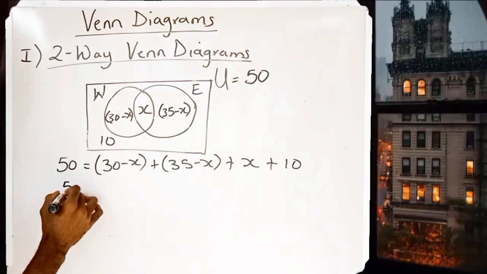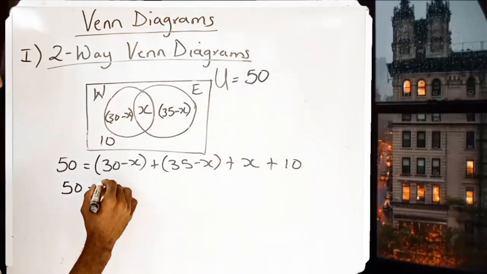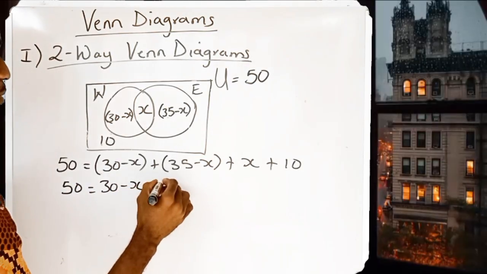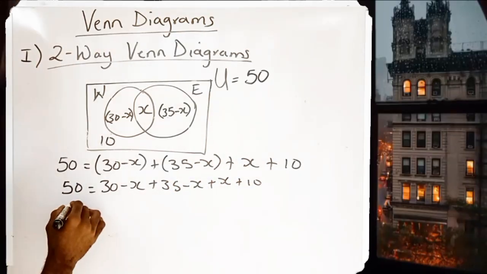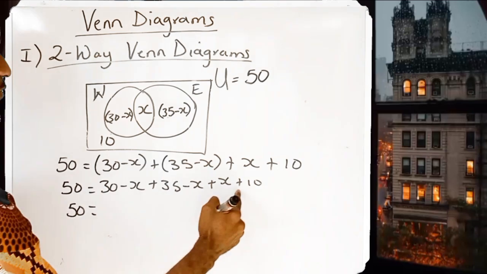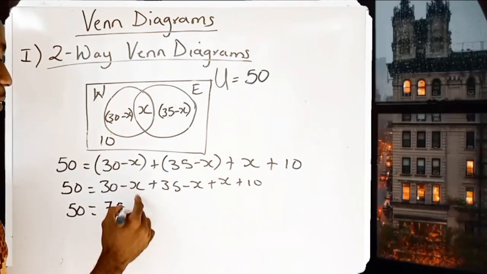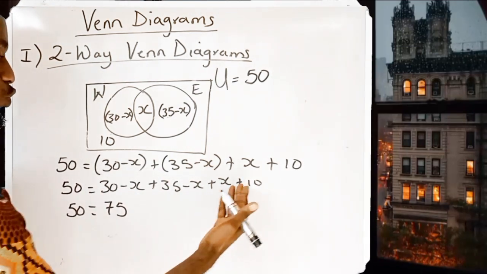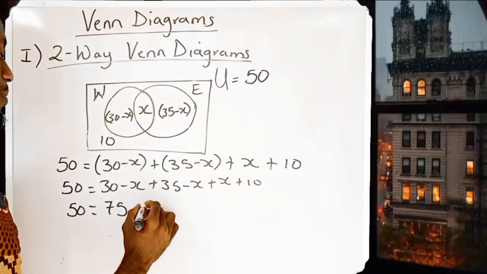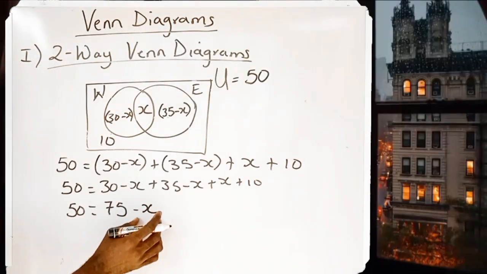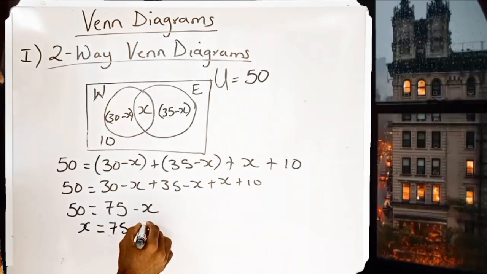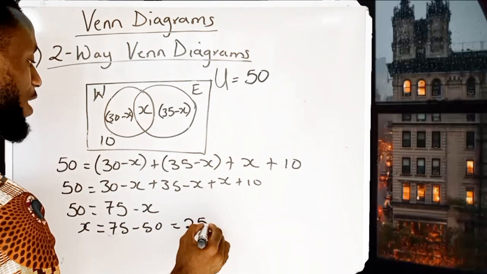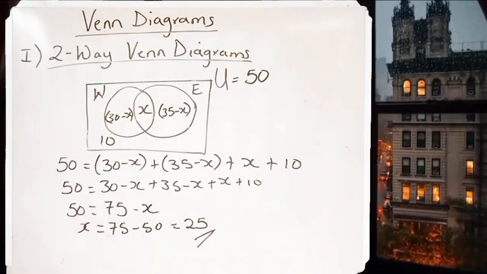And that gives us 50 equals, opening the bracket, 30 minus X plus 35 minus X plus 10. And this gives us 30 plus 35 is 65, plus 10 is 75. We have 75 minus 2X plus X becomes minus X. This is where we are. Now we finalize, and our X becomes 75 minus 50. That means 25 students among them are putting on both wristwatches and earrings.